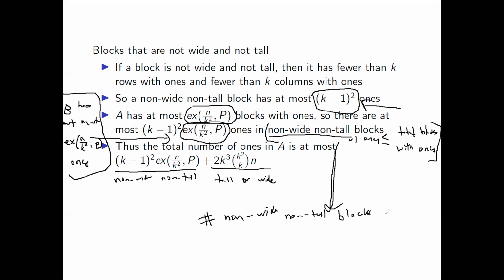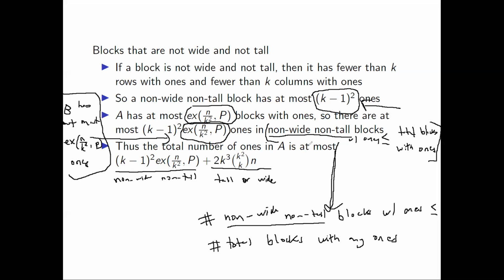So the number of non-wide, non-tall blocks with any ones is going to be less than or equal to the number of total blocks with any ones. This is a really obvious statement. If we take the total number of blocks with ones and we restrict it to some subset, the non-wide, non-tall blocks with ones, we're going to have at most as many entries as we had in the original set. A subset has size at most the original set.